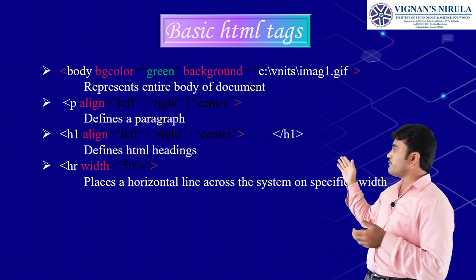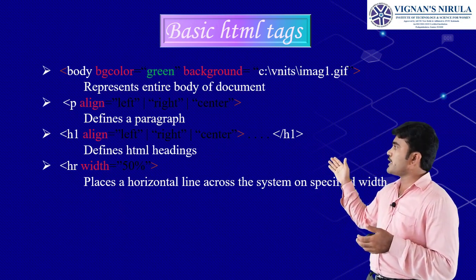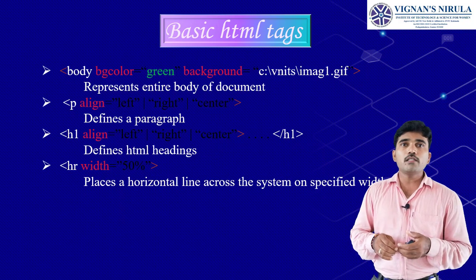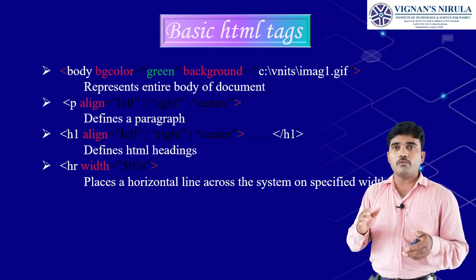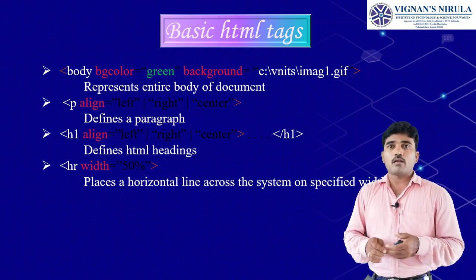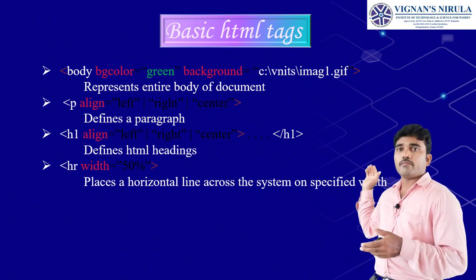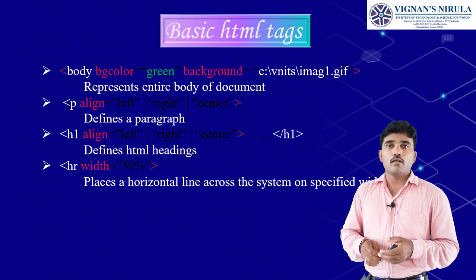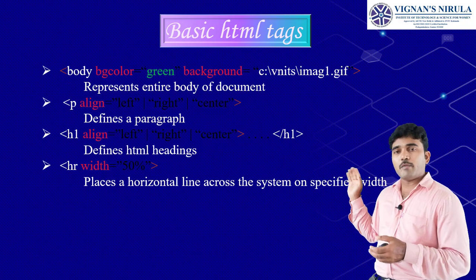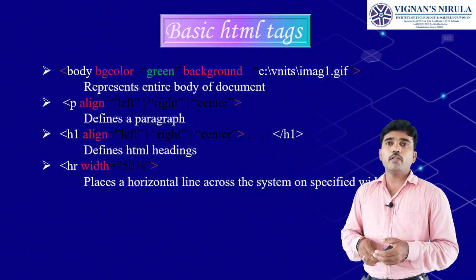See students, here width is the attribute that I have used. The amount of width that I have used is 50%. That means among the available width, it places a line of 50%.